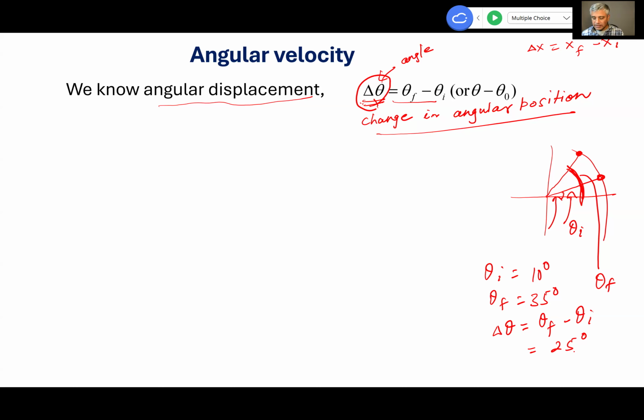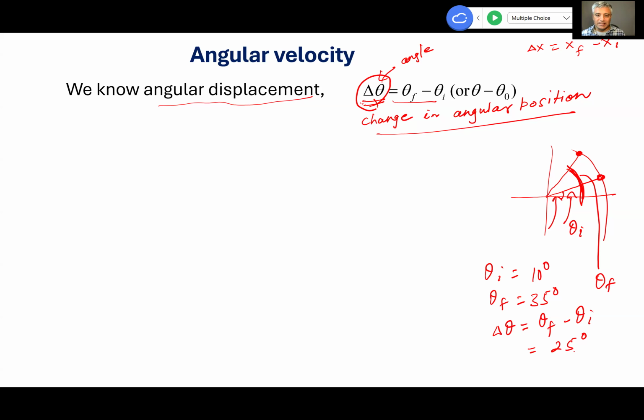And angular displacement, yes, angle displacement. So angles, we write them in degrees, but in the SI system, the scientific system, just like we don't use pounds for the mass or the weight, rather we use kilogram, gram. Similarly, for the length, we use meter.